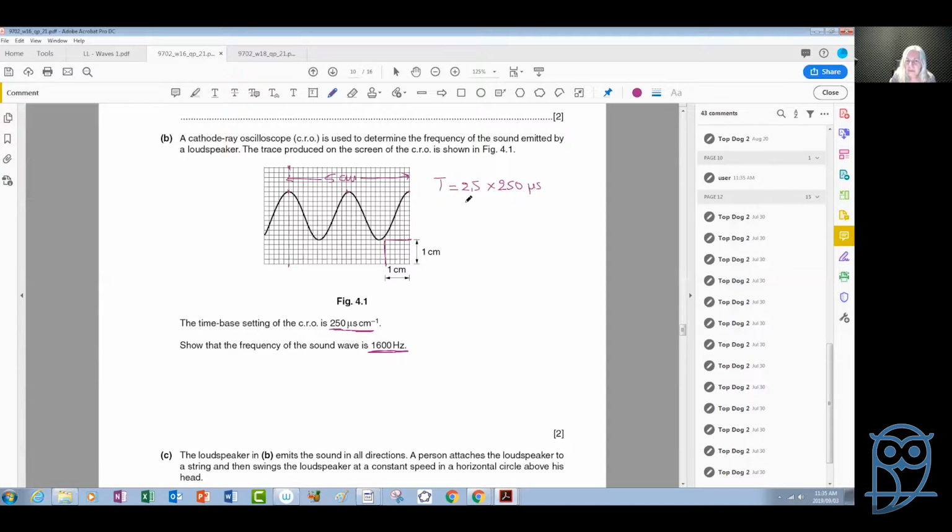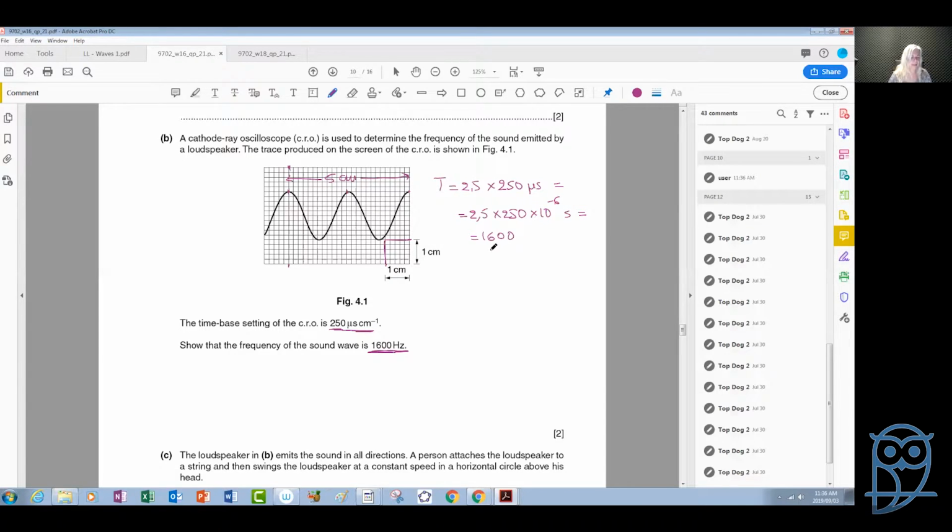Now to change this into seconds, this will be 2.5 times 250 times 10 to the power of minus 6 seconds, because micro is 10 to the power of minus 6, isn't it?